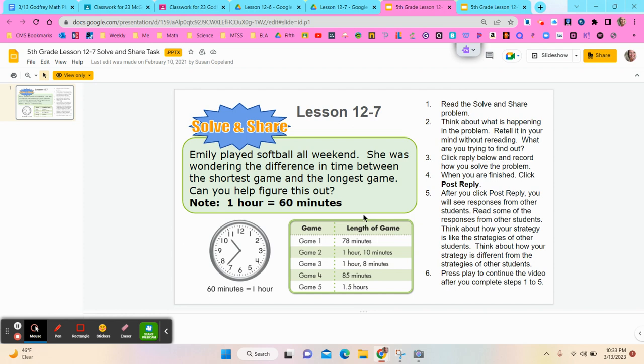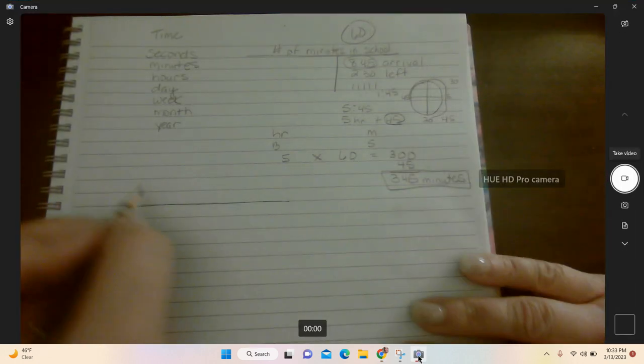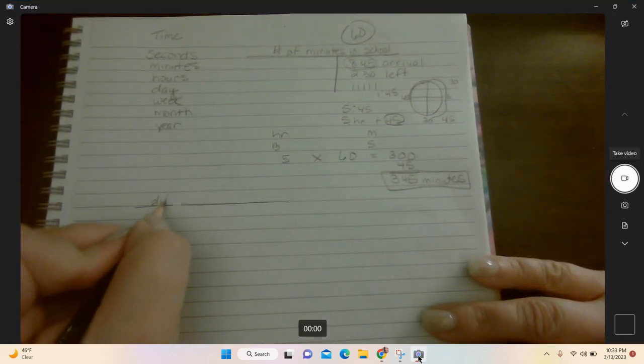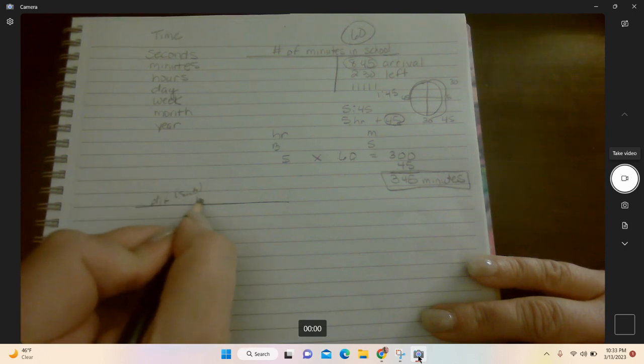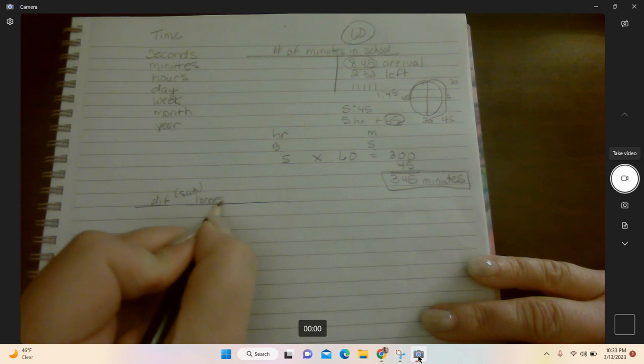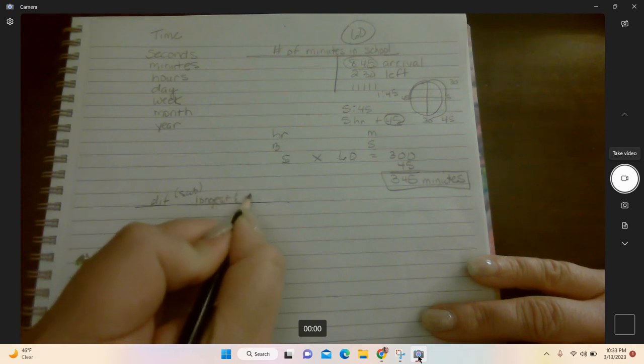So my question that I'm answering is the difference between shortest and longest. I know difference means to subtract. So difference, which is subtract, between longest and shortest.